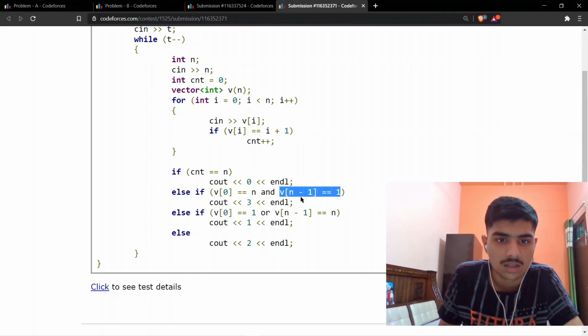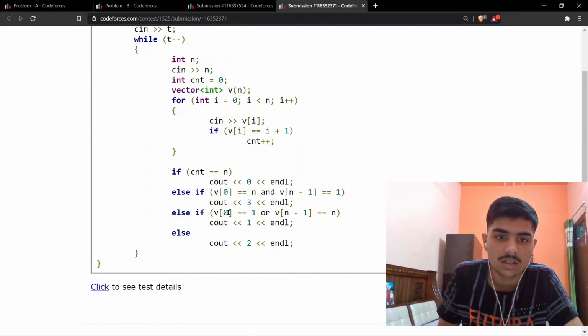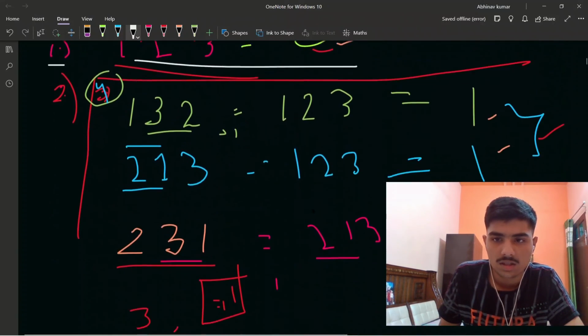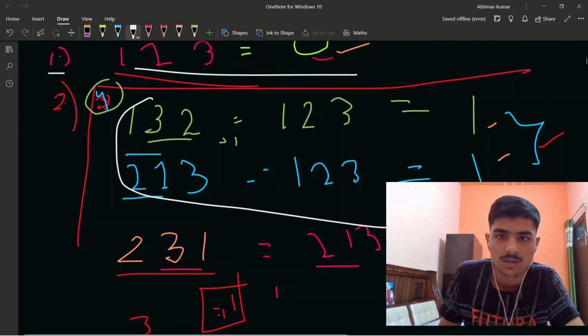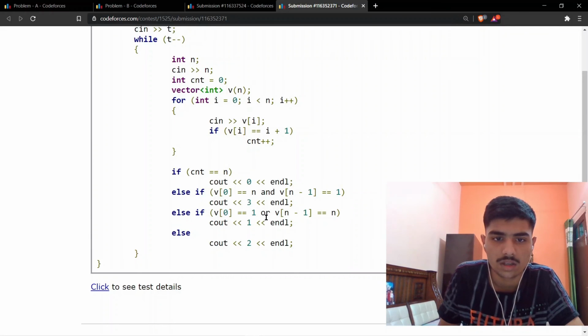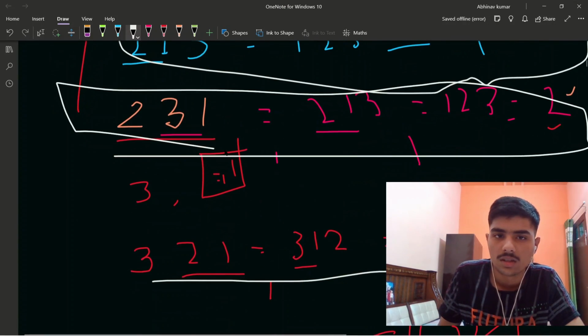In this case, the answer is going to be 3. And if this is not the case, then the next condition, which is the first element is in its place, or the last element is in its place. Basically, this condition represents these both cases. Okay, and else means only this case is left. Then we are going to print 2.